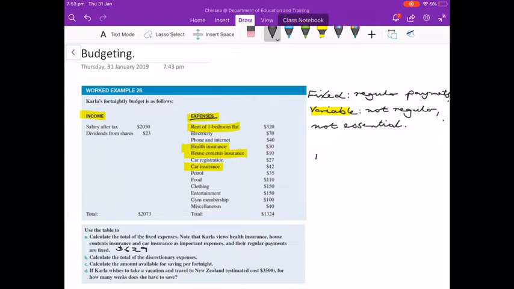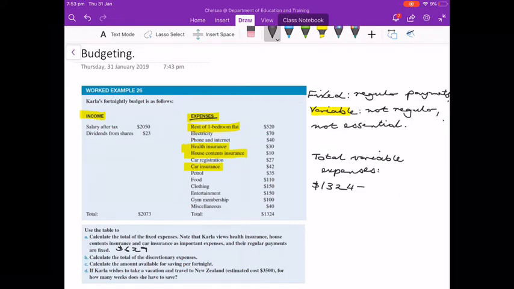So to find her total variable expenses, we would get her total expenses, which is $1,324, and we would subtract the fixed expenses, which are $625, and that would show us what is left over. So she has $695 worth of discretionary expenses.